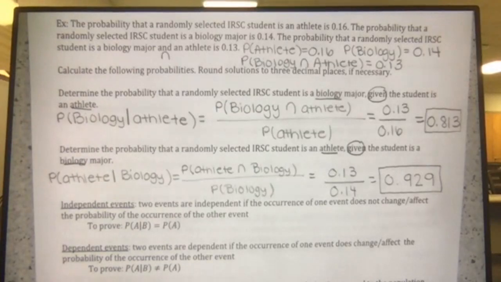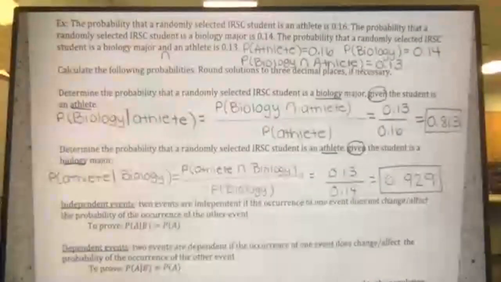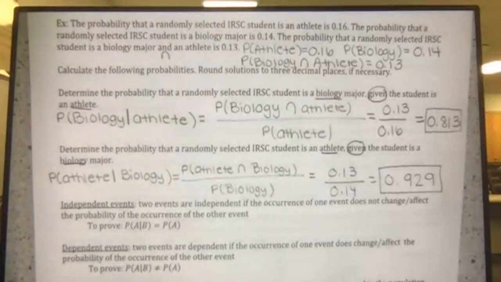All right, so the next thing. Independent events are 2 events that are independent if the occurrence of one does not change the probability of the occurrence of another. And to prove that, we're going to use conditional probabilities.